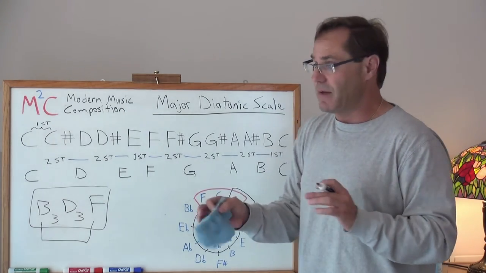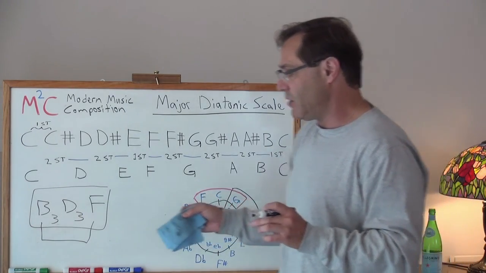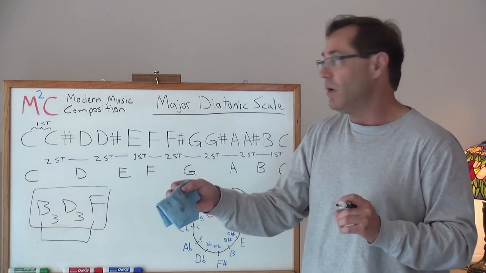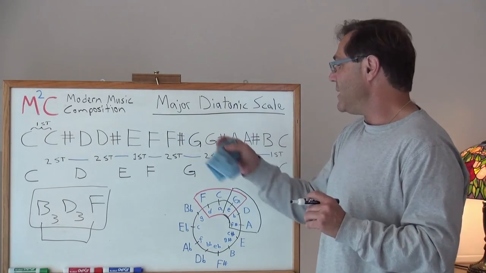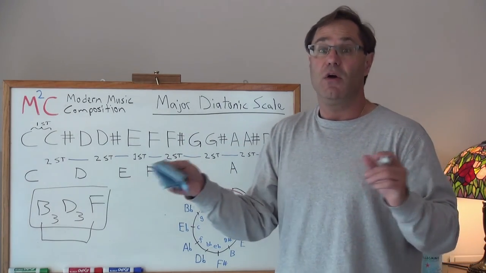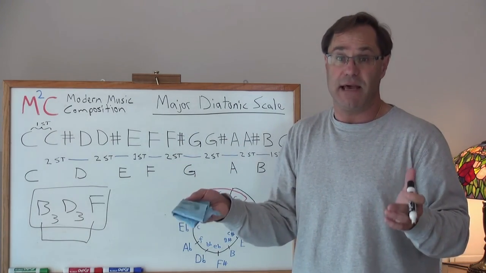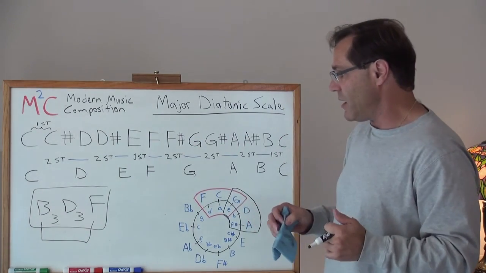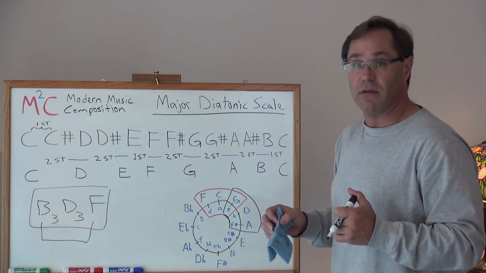But I've got to mix things up here a little bit, because now I want you to understand a little bit about set theory and how the major diatonic scale actually is a particular set. And I want to show you that now that we've got on our minds what a major scale looks like.